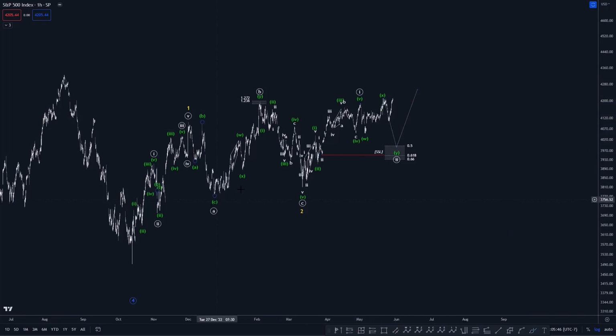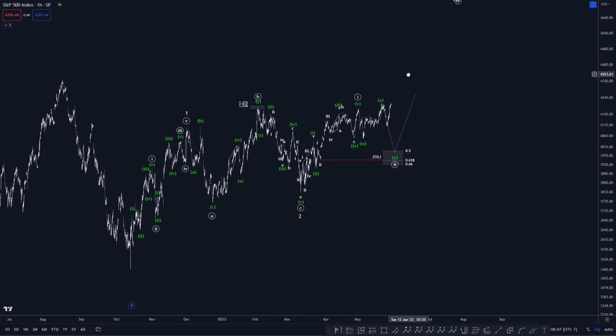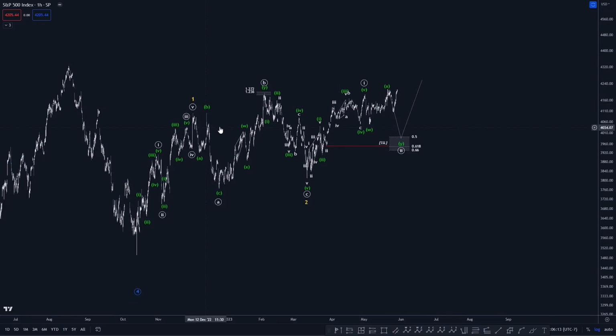The more that this is unfolding, the more probable it becomes because it's building a base. It's got a very clear case of building a base right here, and that's what a 1-2-1-2 does. I just once again still can't flip to a bullish bias yet. I still need a little bit more strength, and I really need to see it push up impulsively to have some sort of bullish bias here.